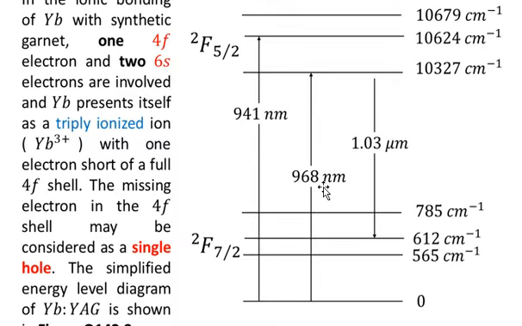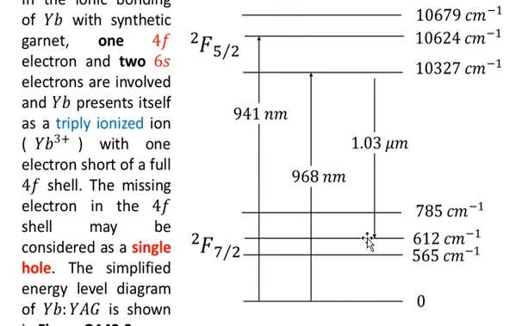The pumping is done from the ground state at the wavelengths of 941 nanometer and 968 nanometer. And the laser wavelength is obtained at 1.03 micron or 1030 nanometer.